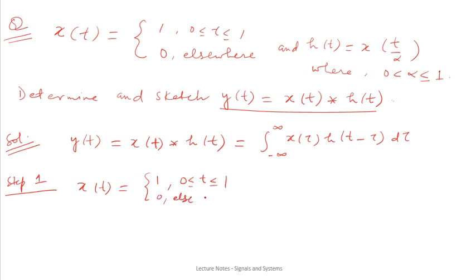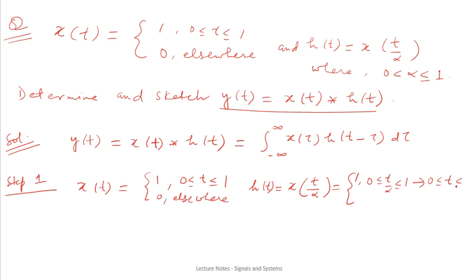This is x(t), and similarly h(t) is given as x(t/alpha), which will be equal to 1 if t/alpha is in between 0 and 1, which means that t will be in between 0 and alpha, and it will be 0 at the other places.